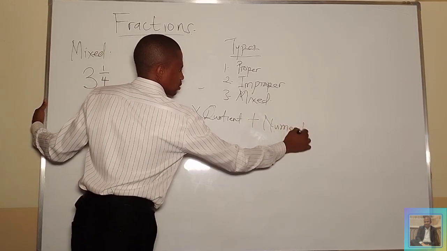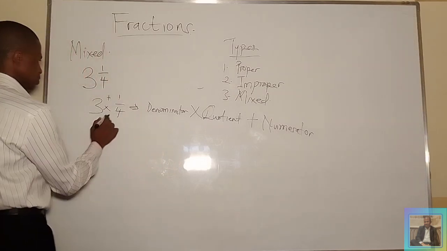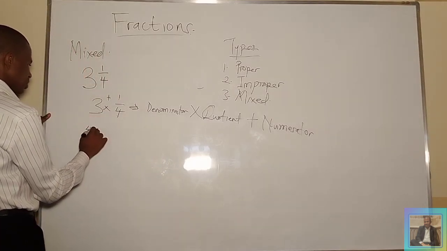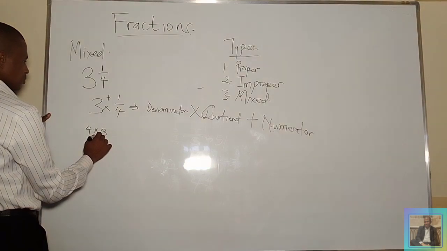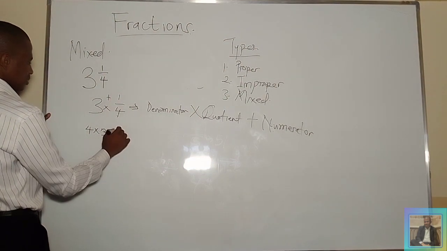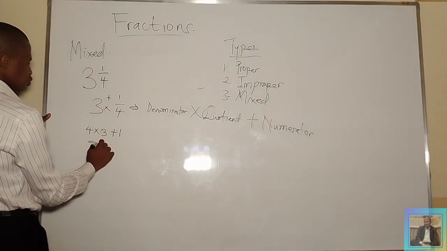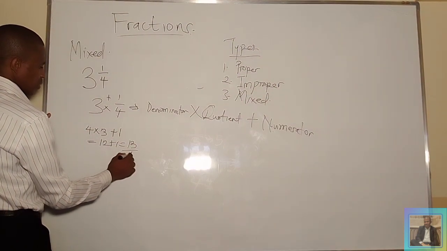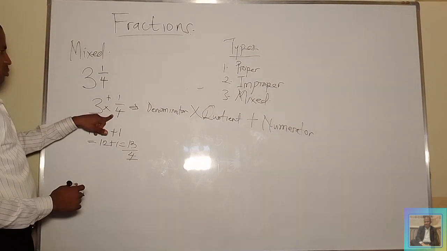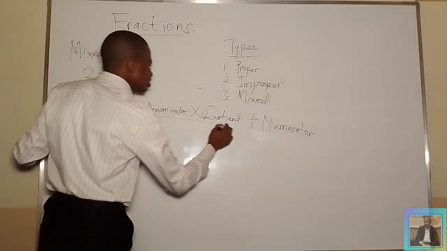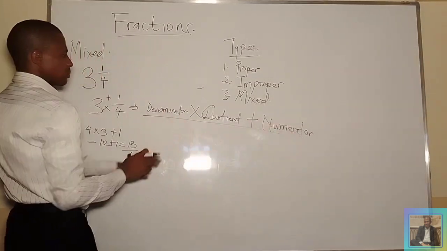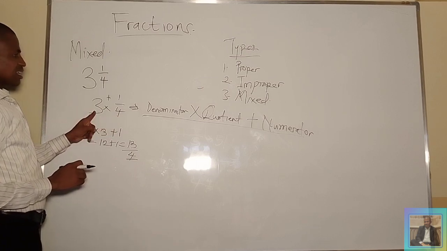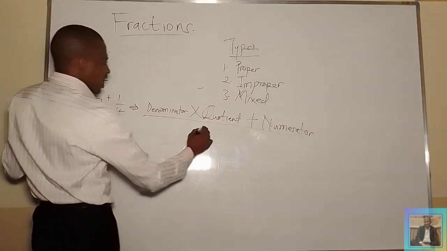Denominator 4 times 3 is 12. Then we add our 1. That is 12 plus 1, which is 13. Then we put our 4 under as the denominator. Denominator multiplied by the quotient, then we add the numerator and we put it over the denominator.